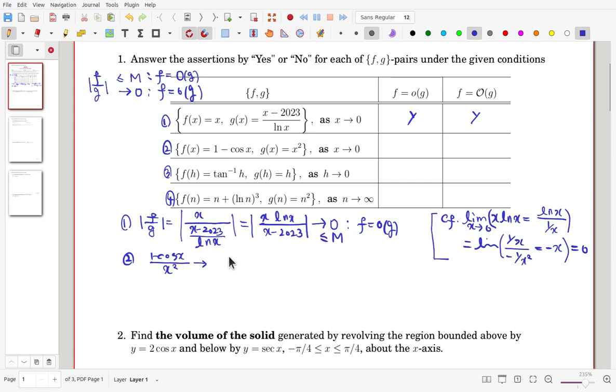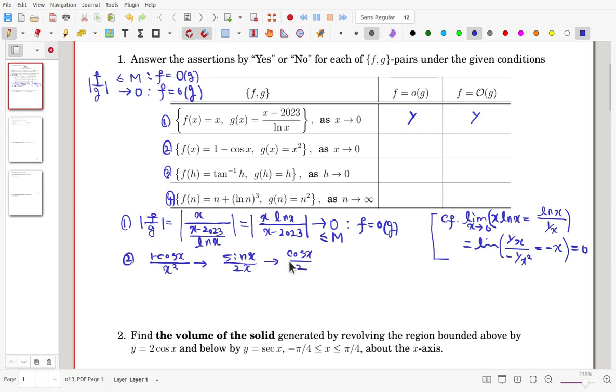The top changes into sine x over 2x. Again, it is approaching 0 over 0, so one more time, if you take derivatives, there is cosine x on top and 2 on the bottom.